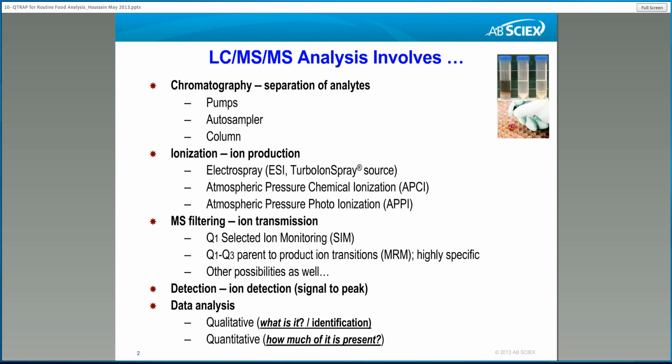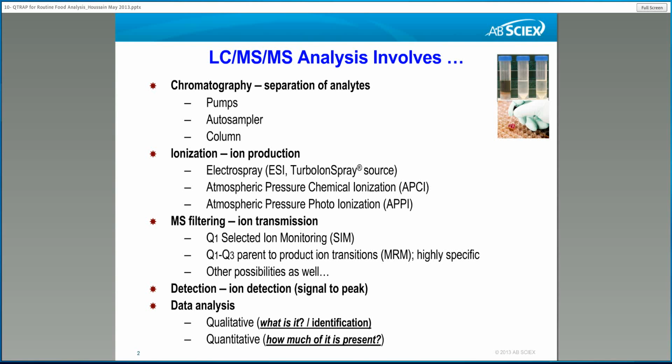Production of the ions in the gas phase is also very important, using one of the typical LC-MS ionization techniques. This will, of course, depend on the nature of the analytes of your interest. Since most of the contaminants screened for in food labs are relatively ionic and polar compounds, the electrospray ionization technique has been the most widely used in the labs.